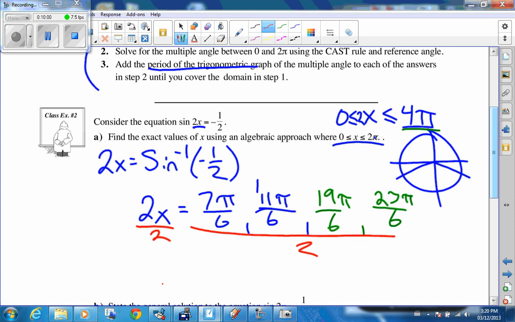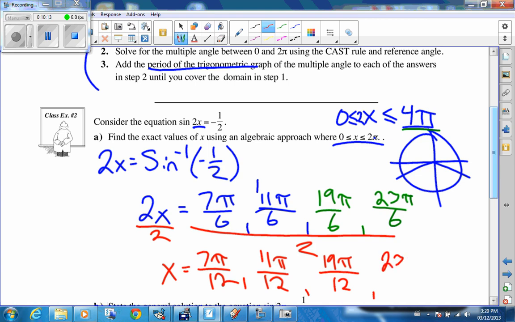And what that's going to give me is x equals 7 pi twelfths, 11 pi twelfths, 19 pi twelfths, and lastly 23 pi twelfths, which is almost 2 pi.